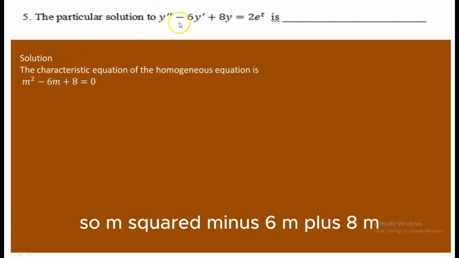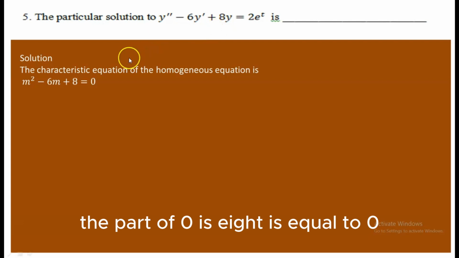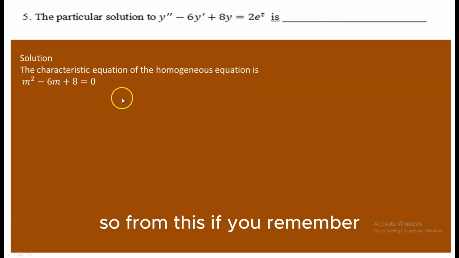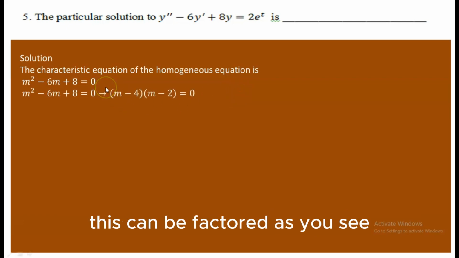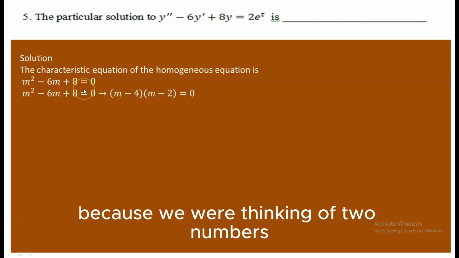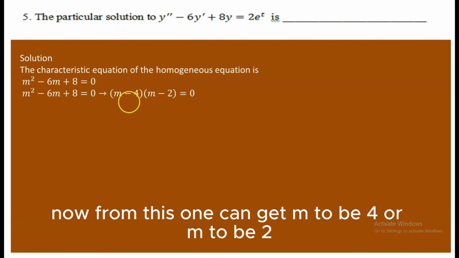So m squared minus 6m plus 8 m to the power of 0, because there is no derivative, 8 m to the power of 0 is 8, is equal to 0, because now we are considering the homogeneous one. If you remember, this can be factored as (m minus 4)(m minus 2), because we were thinking of two numbers whose sum is minus 6 and product is 8. From this, one can get m to be 4 or m to be 2.